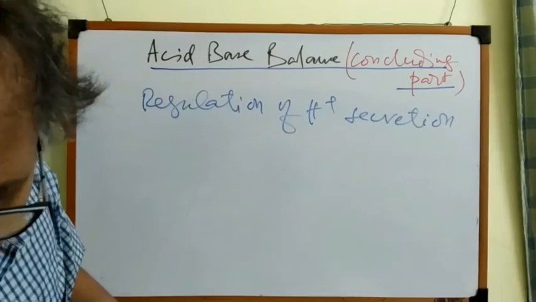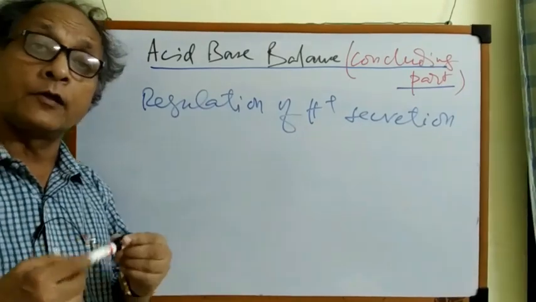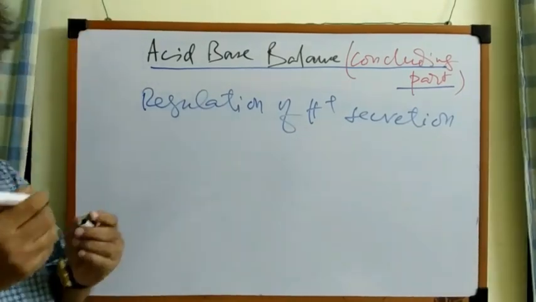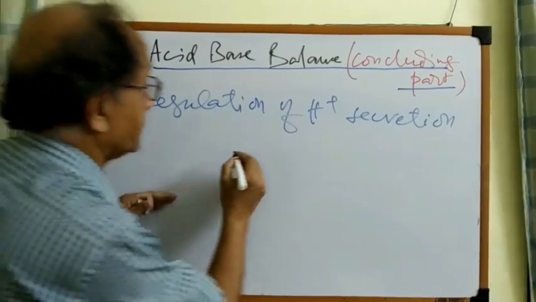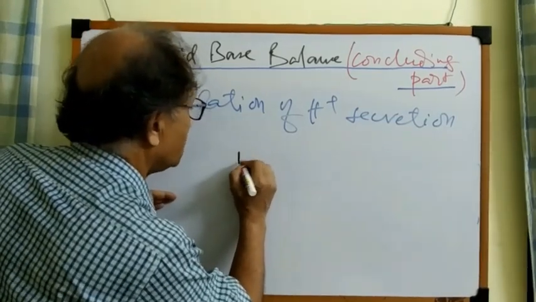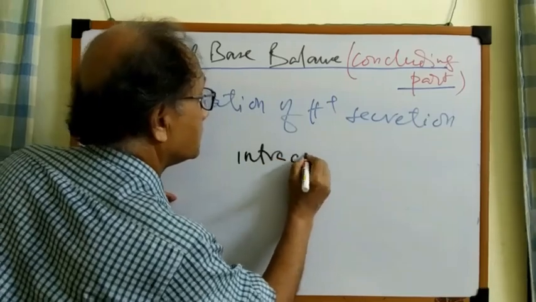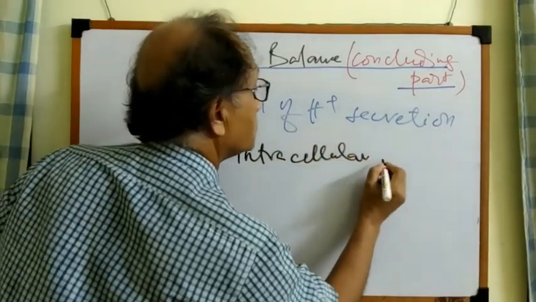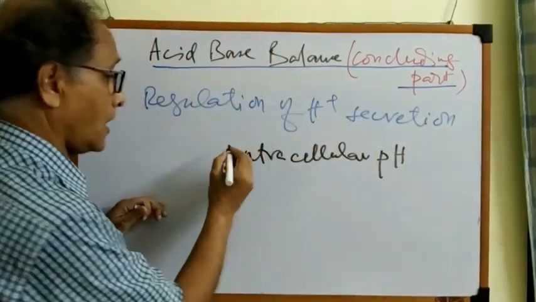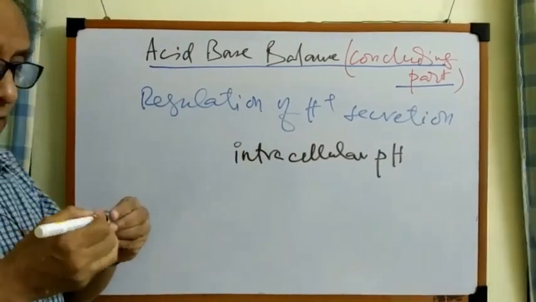Now, the most important factor which is regulating the H plus ion secretion across the tubular lumen is intracellular pH. So this is the most important factor.